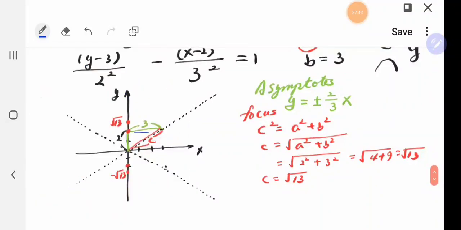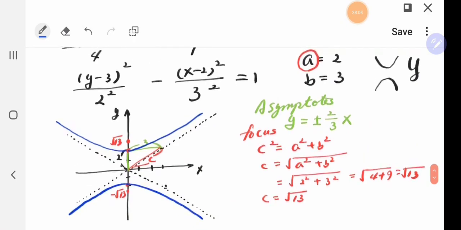Starting from this, it will be something like this, going this way and going this way. From this, the graph approaches the asymptote. Okay.